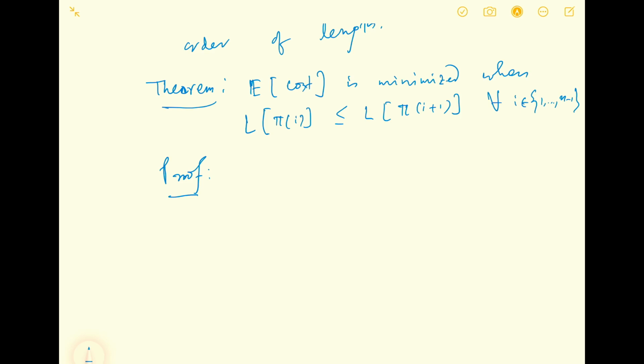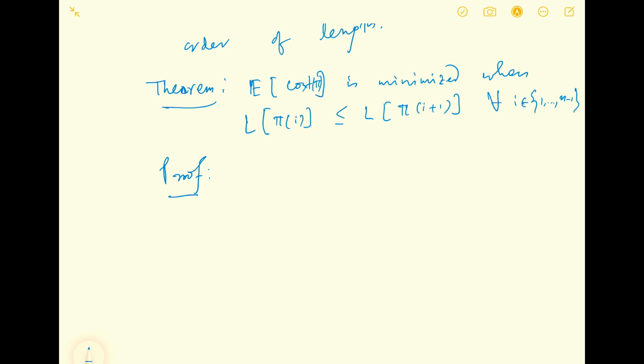So suppose the expected cost of pi, let's write it, because the cost depends on permutation pi, is minimized, but this condition does not hold for all i.